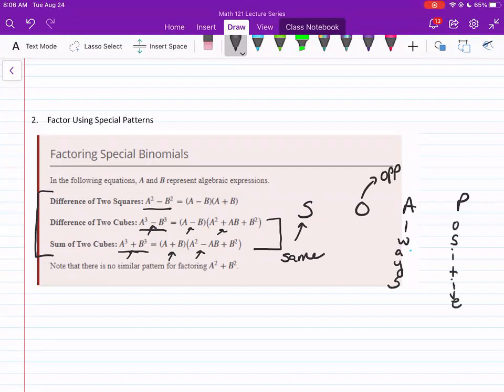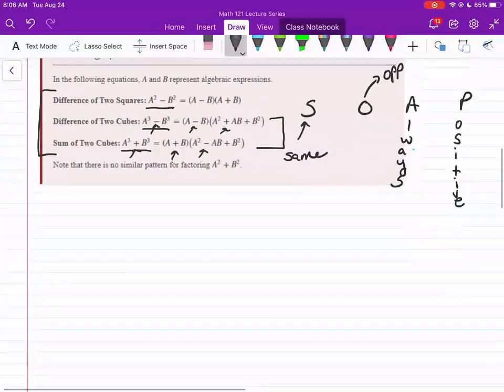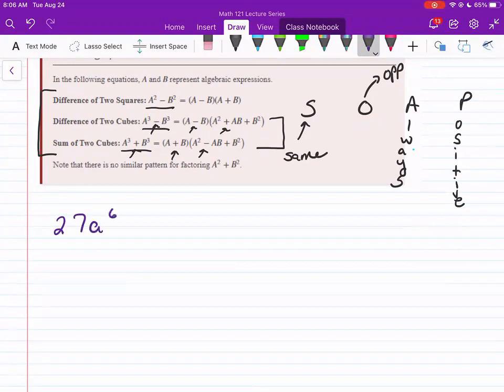If you're factoring and you end up with 2 terms left, so for example, something like 27 a to the 6th b to the 12th plus c cubed. There's only 2 terms, so we know it's going to be a special pattern. We've already checked for a GCF and there's not one. So now we take each of these terms and it's a cube.